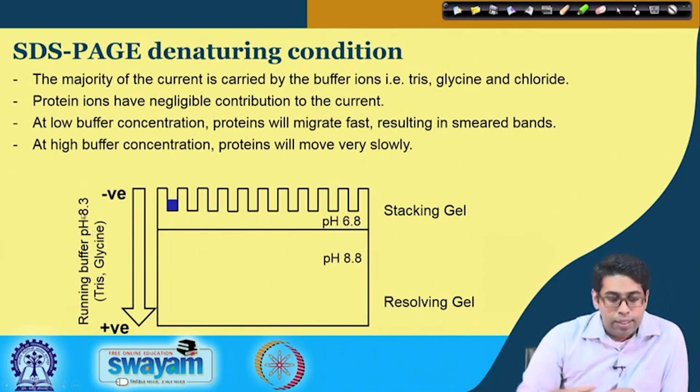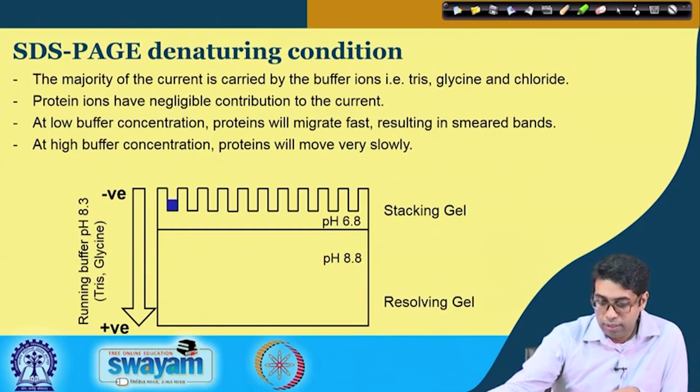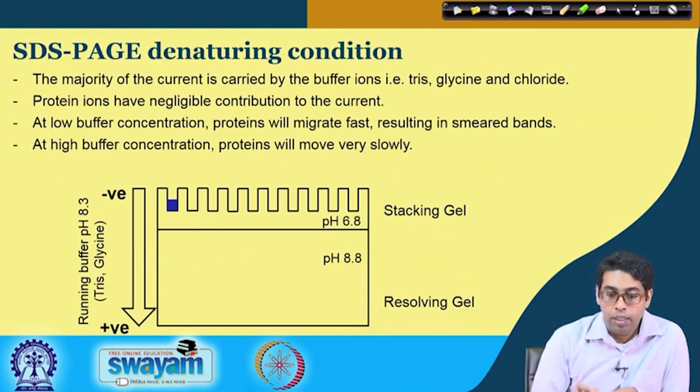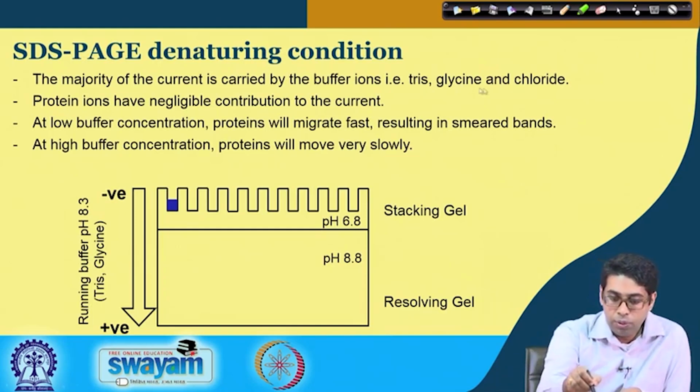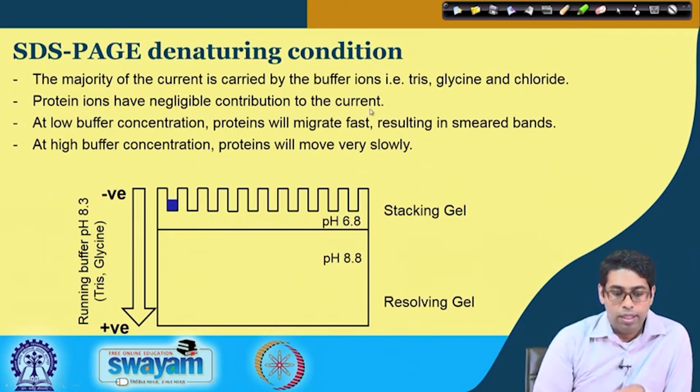The majority of the current that passes through a gel is carried by the buffer ions, for example, Tris, glycine and chloride. These are the two negative ions which will migrate with the proteins towards the positive terminus. Protein ions, even though they are negatively charged, have negligible contribution to the current.